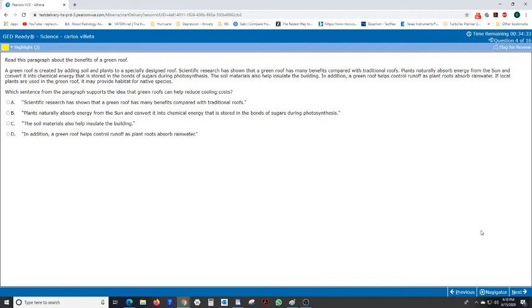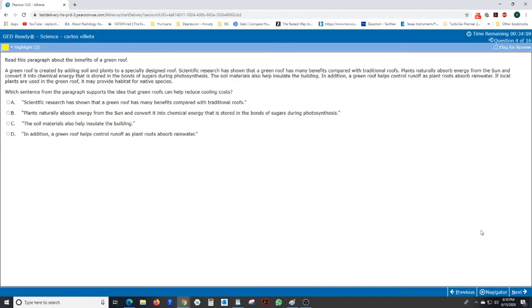Plants naturally absorb energy from the sun and convert it into chemical energy that is stored in the bonds of sugars during photosynthesis. The soil materials also help insulate the building. In addition, a green roof helps control runoff as plant roots absorb rainwater. Okay. If local plants are used in a green roof, it may provide habitat for native species. So this is all the good stuff about having a green roof.